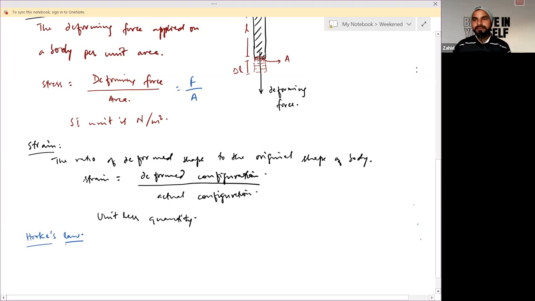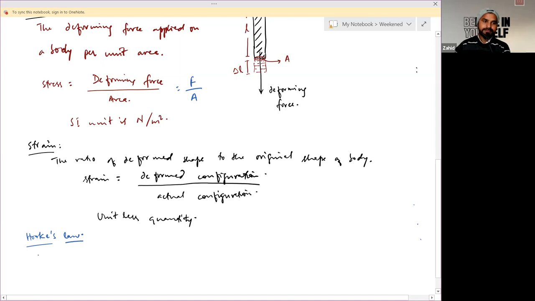Hooke's law tells you that within elastic limit, and at constant temperature, the more you apply stress to that object, the more strain will develop in it, but only till the elastic limit of that body. I will define elastic limit later.